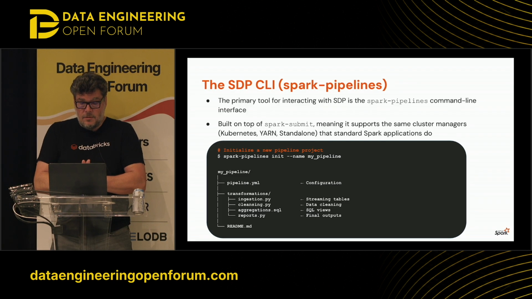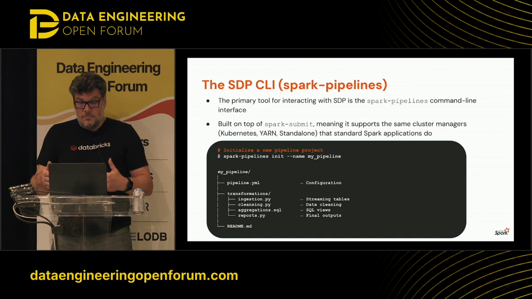Now, what does a project look like? Well, one thing you can do is you can actually use spark-pipelines init. So this creates a standard sort of scaffolding for you for the structure of your pipeline. Right? What you typically have in the pipeline is a YAML file that describes the pipeline. And then you have the source code for all of your data sets and your flows and your sinks.